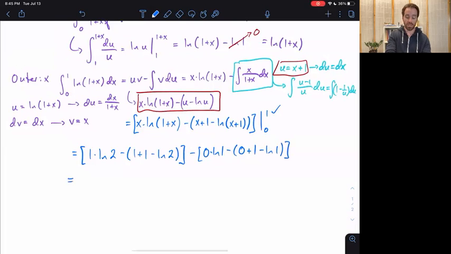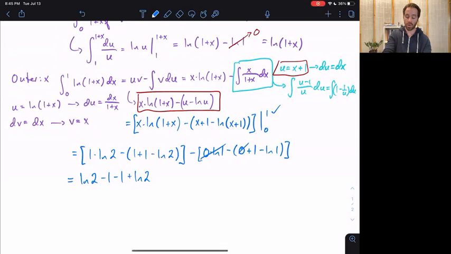Okay, lots and lots of simplifying here to do. In the first set of brackets, we've got ln 2 minus 1 plus ln 2. And then I'm just going to beam the minus sign through the second set of brackets. I've got this, which is 0.